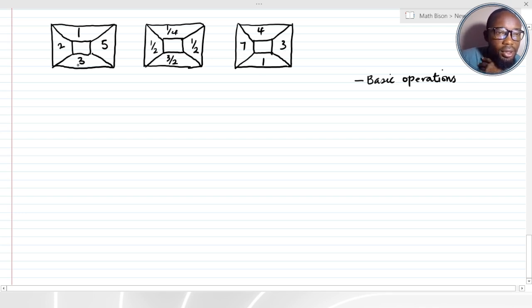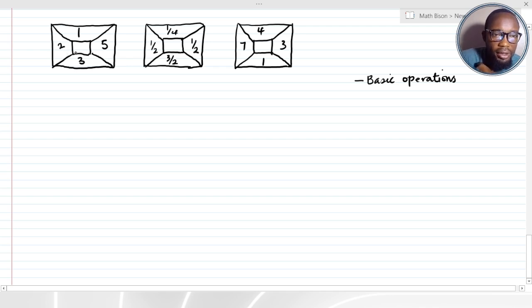So we know that this addition is not working. What if we do 2 plus 1? We have 3. We have half plus this, that's like 3 over 4, not 3 over 2. 7 plus 4 is not 1. So that's not working either. If we say 5 minus 2, we have 3 here. But half minus half in the second sample does not give us 3 over 2. And 3 minus 7 does not give us 1.